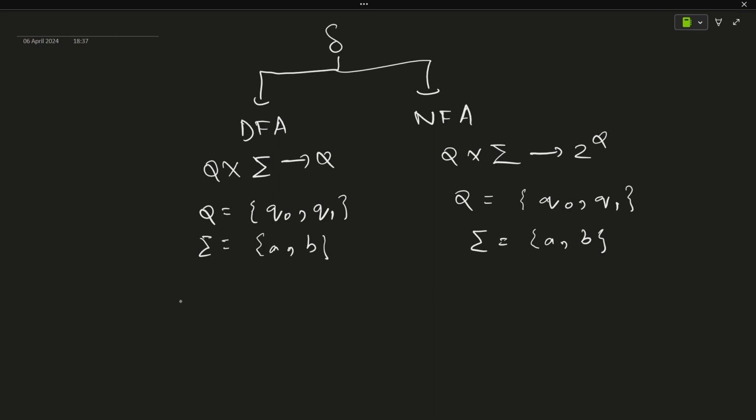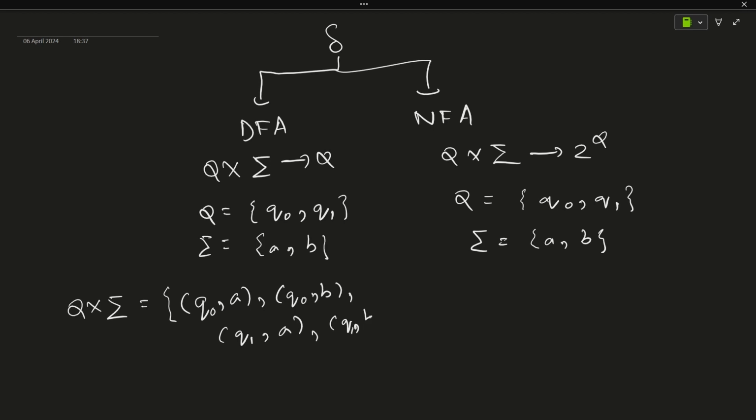So Q cross sigma will just be the Cartesian product: q naught comma a, q naught comma b, q1 comma a, q1 comma b. This is nothing but the Cartesian product.